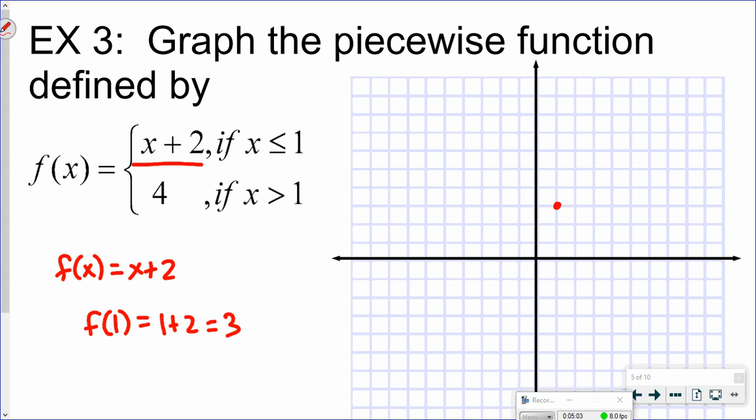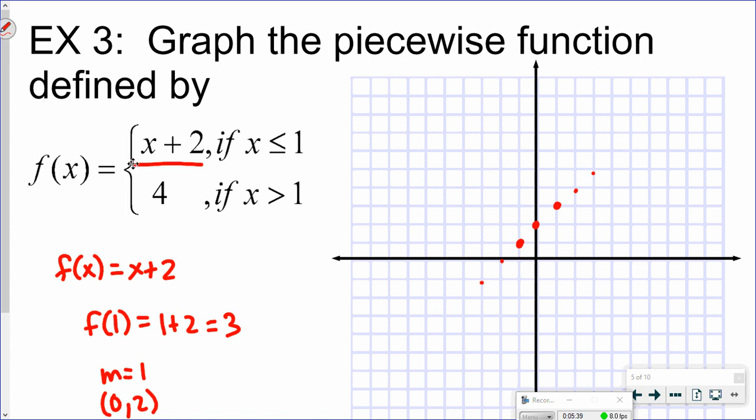For my parent function, I have these 3 points, and then they shift up 2. So I'm here, and here also. Okay. You also could use slope and y-intercept. So y equals mx plus b. So my slope is 1, and my y-intercept is 0, 2. So I go to 0, 2, and I go over 1, up 1, or down 1, left 1.